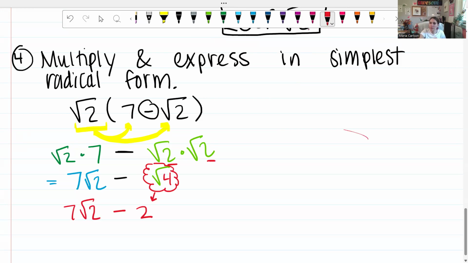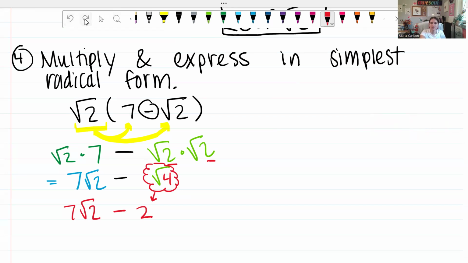So if you have a square root of a number times a square root of that same number, the square roots really just cancel each other out. It's like the square root of x squared. It's just going to be whatever that common radicand is. So we really have 7 square root of 2 minus 2.